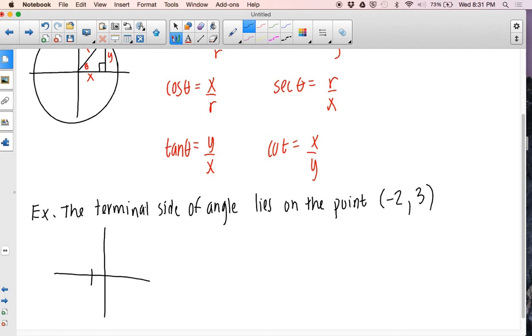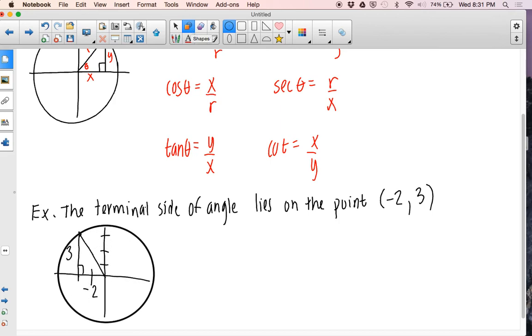Here is the point, and I can draw a triangle. This side is -2, this side is 3, and the radius of this circle is the hypotenuse of this triangle. This is circular trig because you could draw a circle where this point is -2, 3, and you see how it lies on the terminal side of that angle.